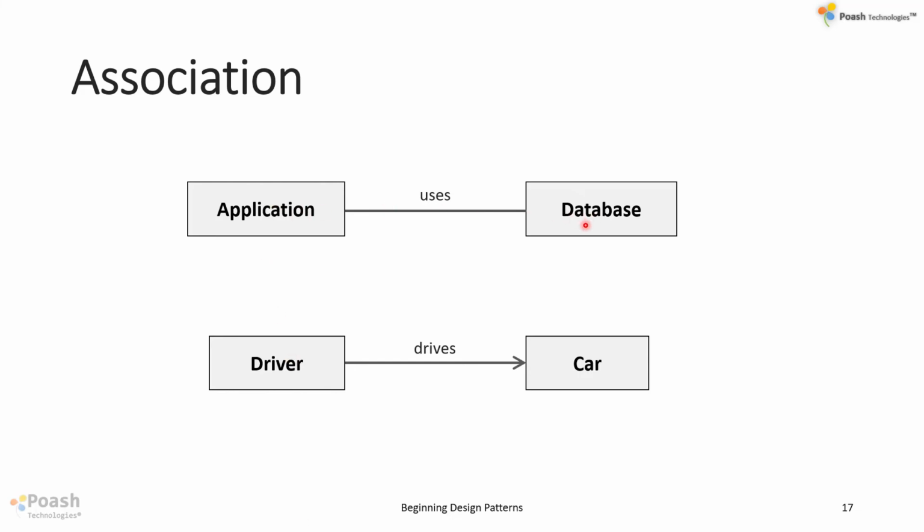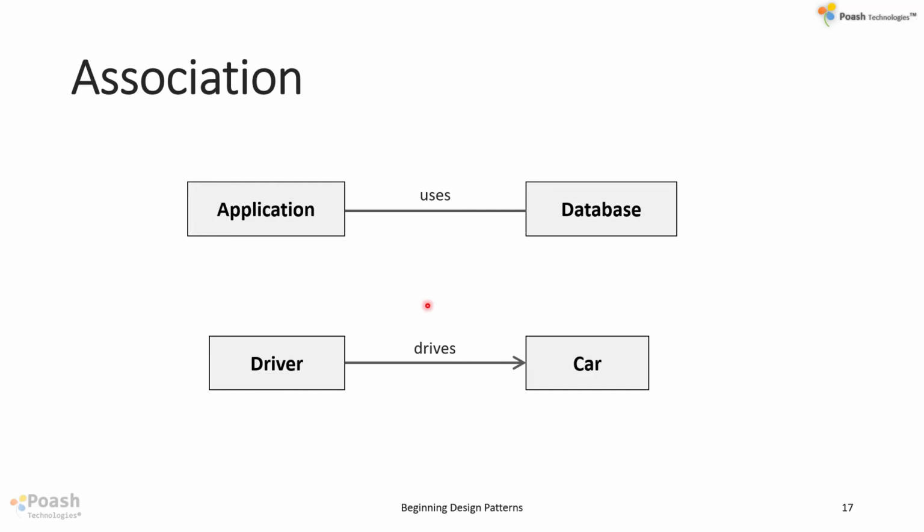So Application is the container and Database is the contained object. This does not imply that Application owns the Database. It simply uses the features of Database. The relationship is shown with a line, and it is often accompanied by phrases such as uses, controls, etc.